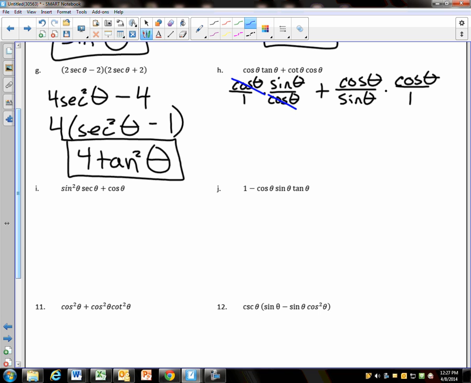Cosines cancel. What do you end up with on the left-hand, right-hand side? Right here, all we have is sine of theta over 1. And on this right-hand side, we have cosine squared over sine.